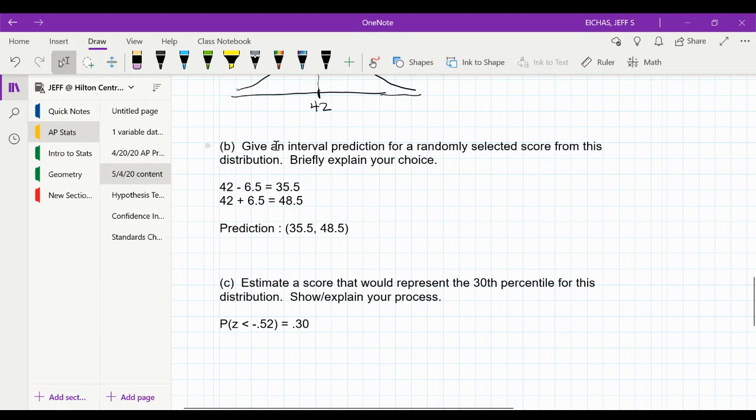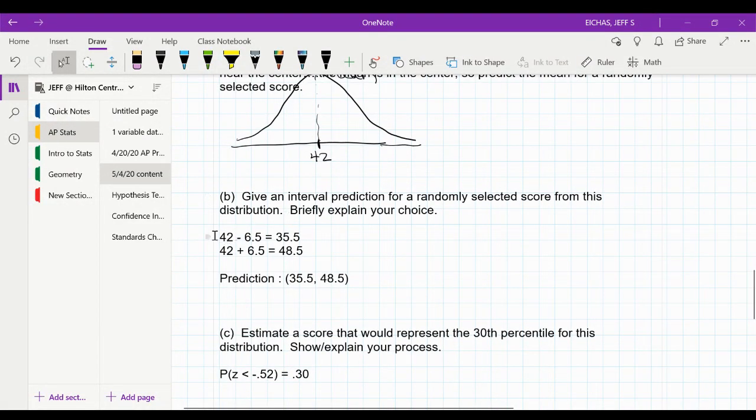So what I did was, for an interval prediction, I might say something like, well, let's go one standard deviation below and one standard deviation above the mean to predict right here. Okay.